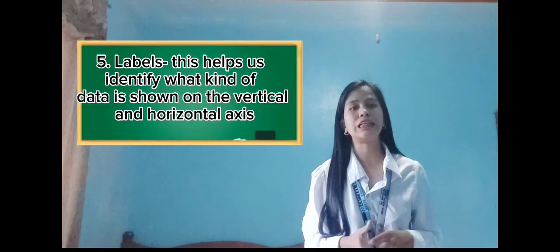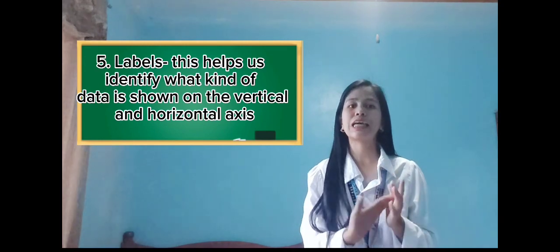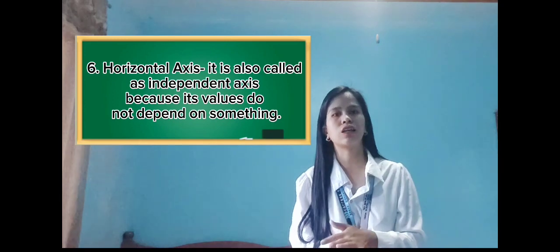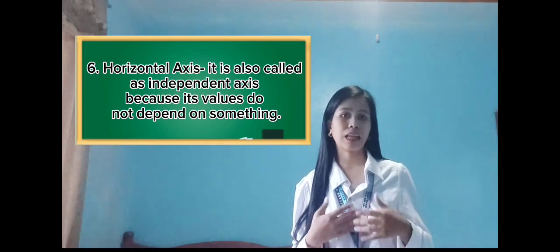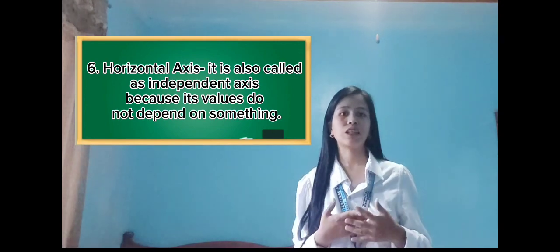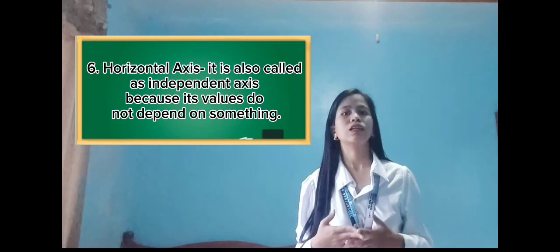The fifth one is the label. This helps us identify what kind of data is shown on the vertical and horizontal axes. The sixth one is the horizontal axis. It is also called the independent axis because its values do not depend on something.